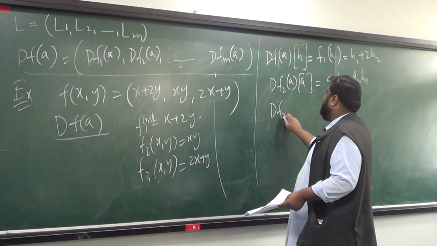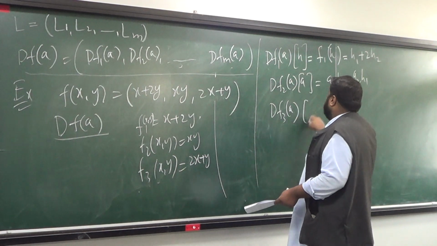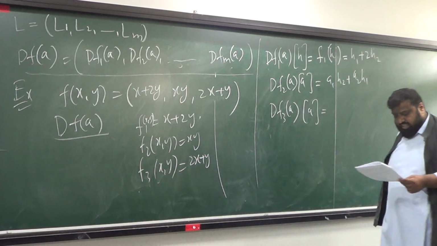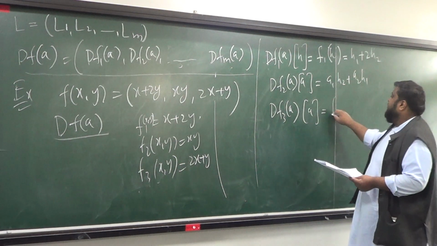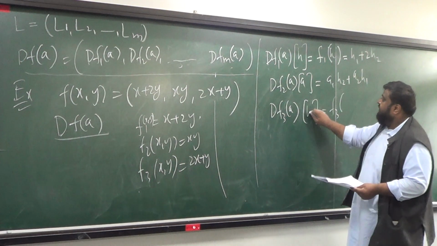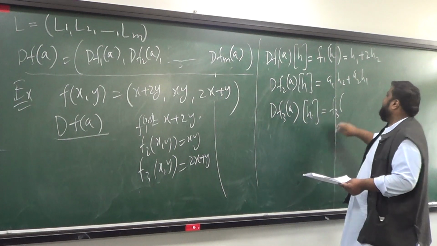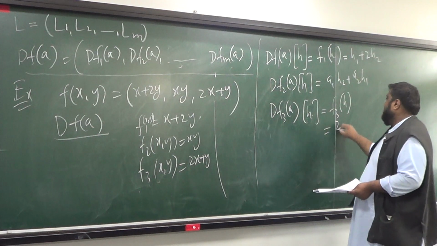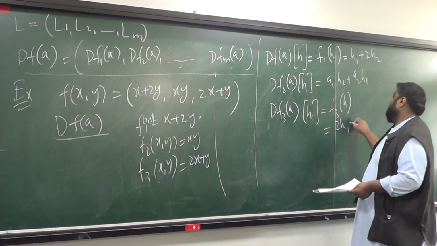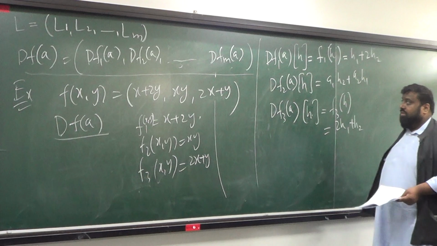So the Fréchet derivative of f3 at a applied to h is going to be f3 of h, and this is the same as 2h1 plus h2. Okay?